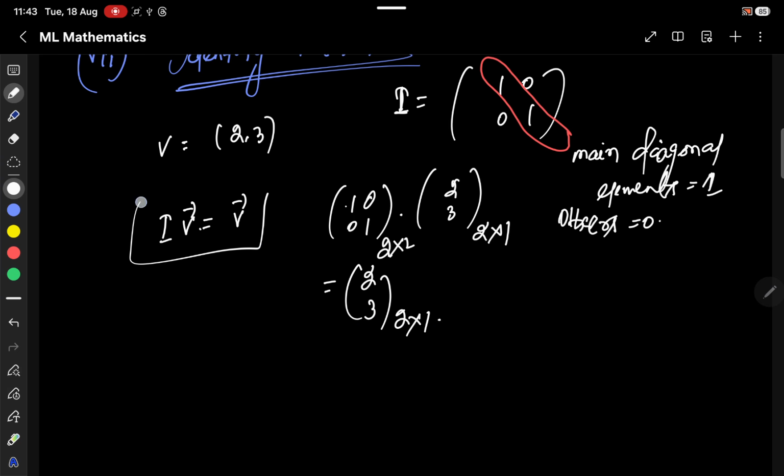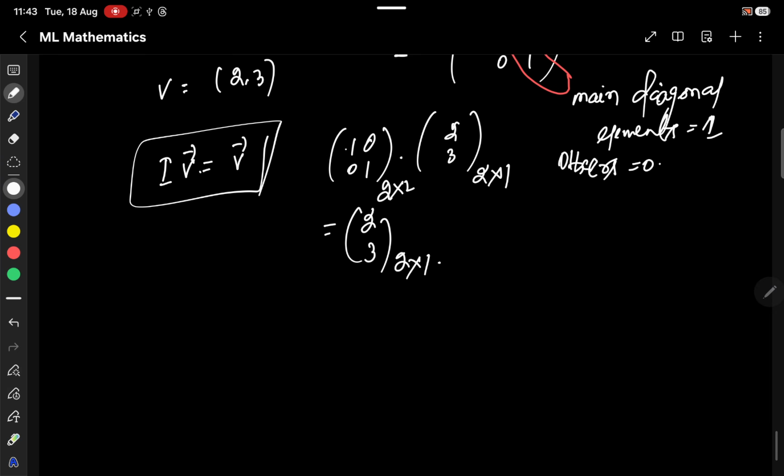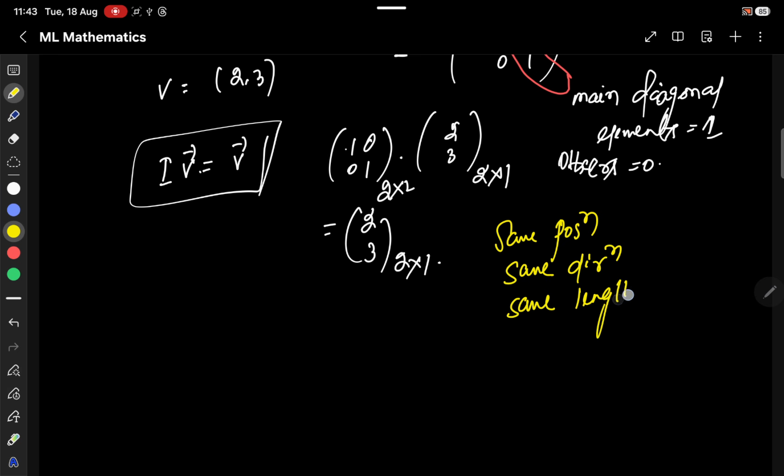So I am saying that when you multiply a vector with the identity matrix, it stays in the same position, same direction, with no change in angles, and also the same length. Length means magnitude.